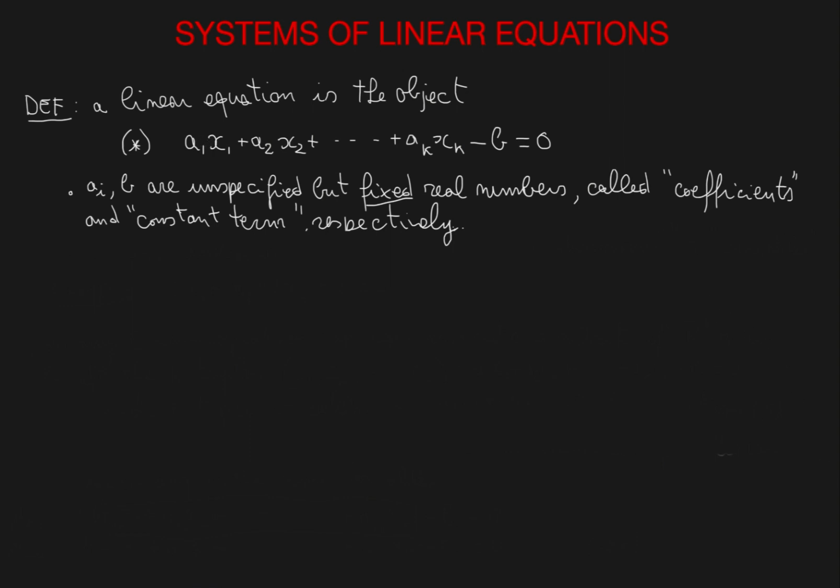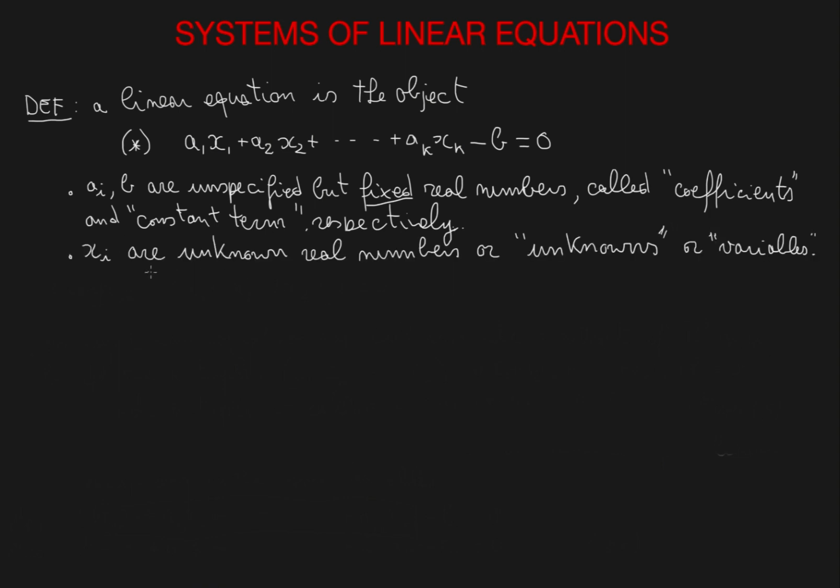So what are the xi's then? The xi's are unknown real numbers. So they are also real numbers, therefore a1 x1 is meant to be a1 times x1, and the plus is as real numbers, a2 x2 means a2 times x2.